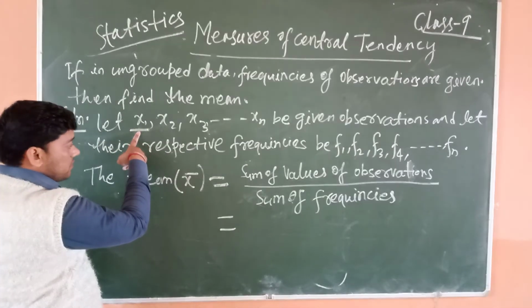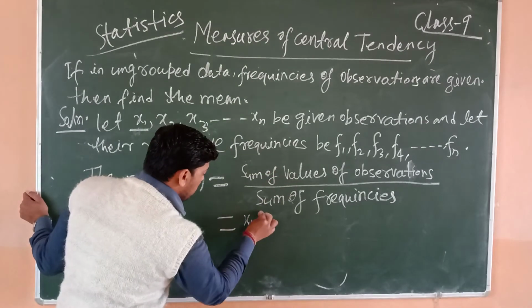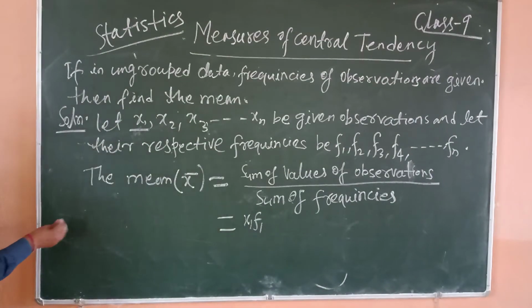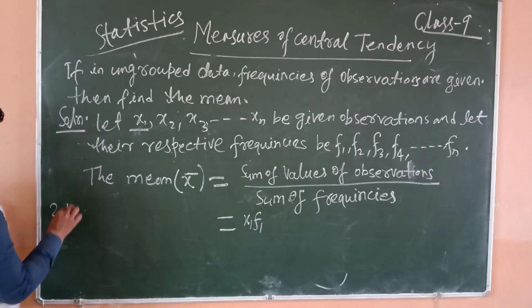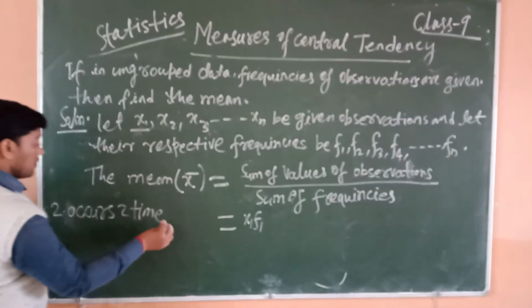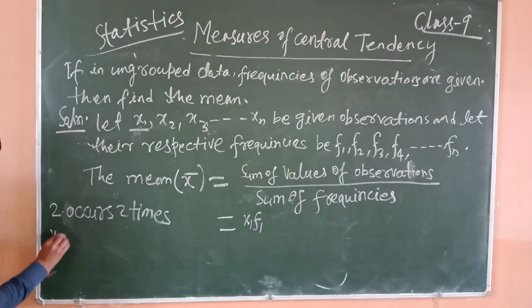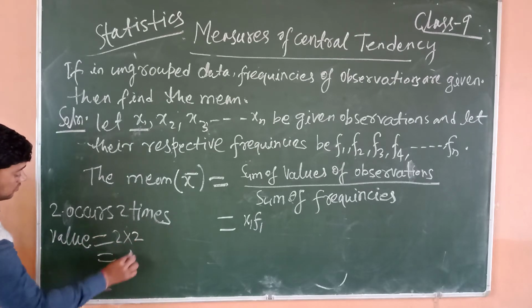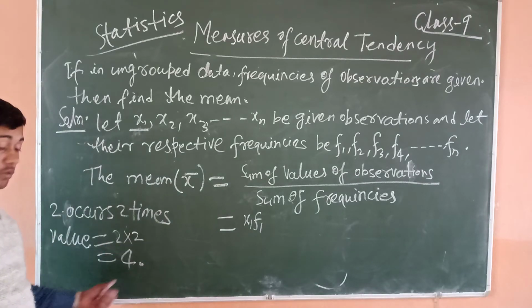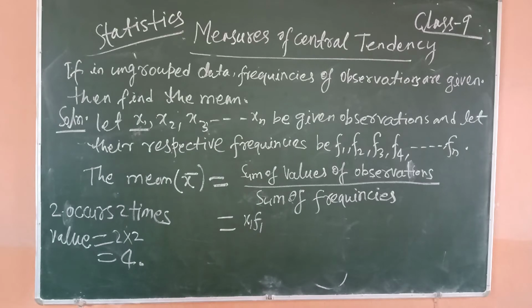Value of first observation x1 into f1, because x1 occurs f1 times. Simply suppose that 2 occurs 2 times, then value will be 2 into 2. 2 occurs 2 times, it means value will be 2 into 2 whole.